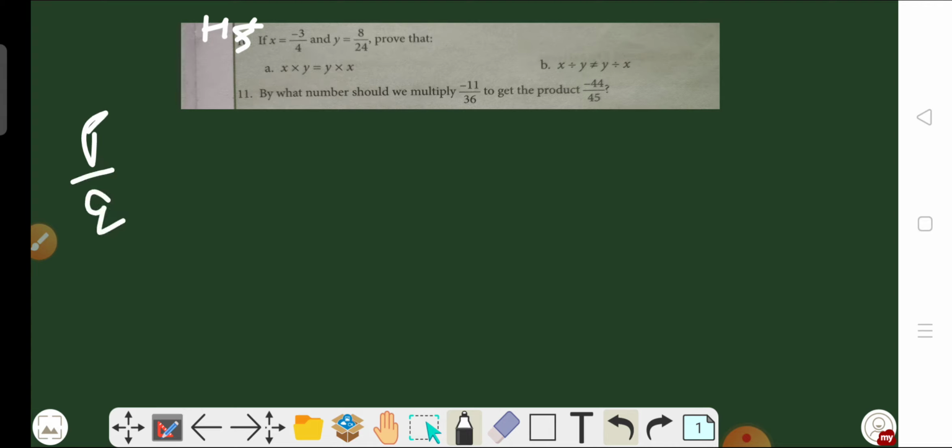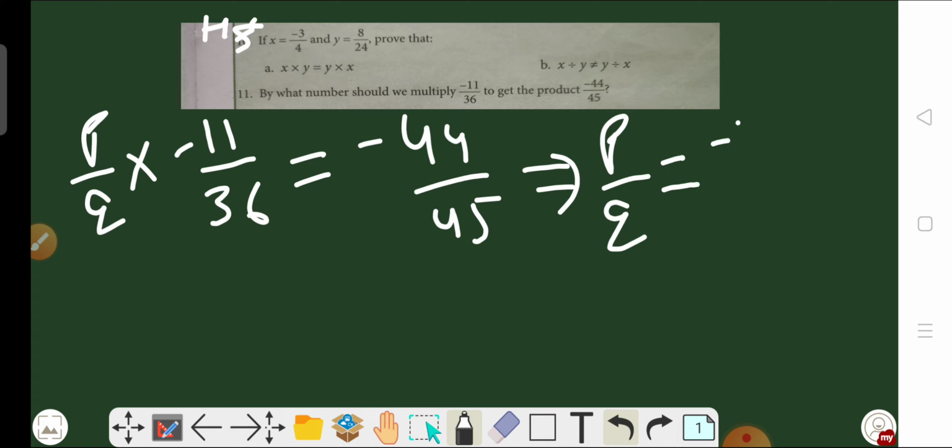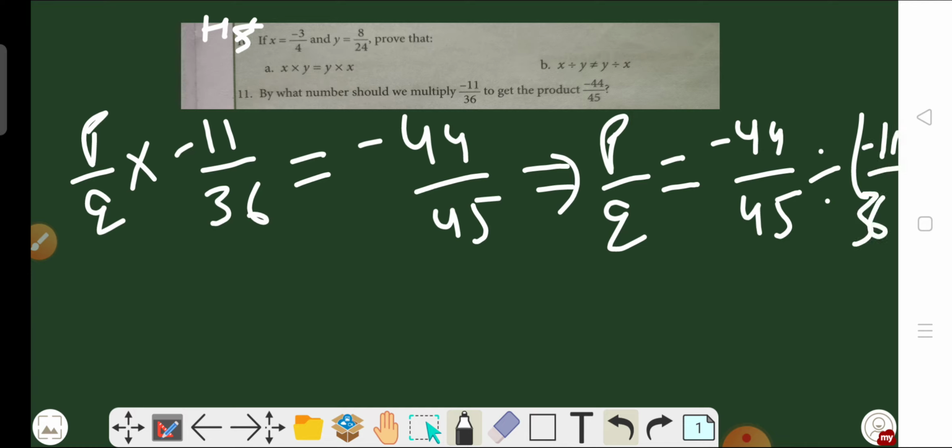So from here we can write p by q multiplied by minus 11 by 36 is equal to minus 44 by 45, implies p by q is equal to minus 44 by 45 divided by minus 11 by 36.